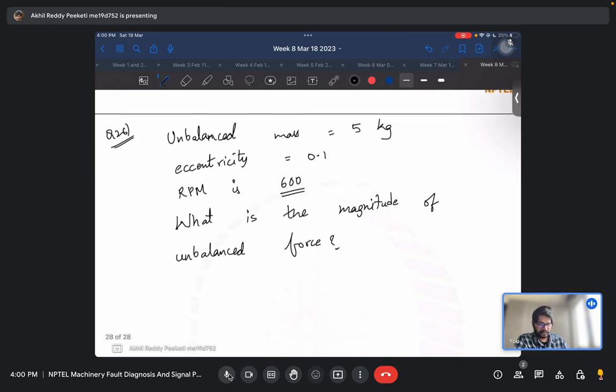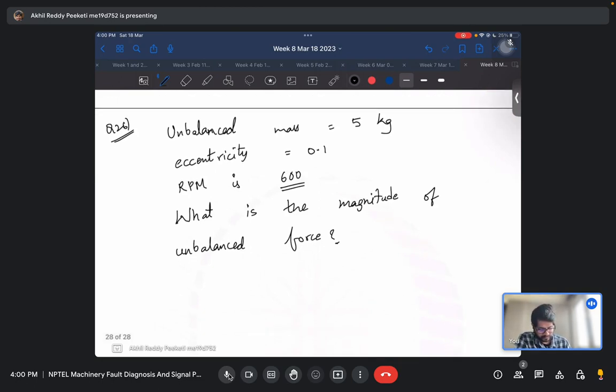So as we saw earlier, the magnitude of the unbalanced force would be m e omega squared. So unbalanced mass is 5, eccentricity 0.1. RPM is 600, so you need to convert that to radians per second. So 600 rotations per minute times 2 pi over 60.